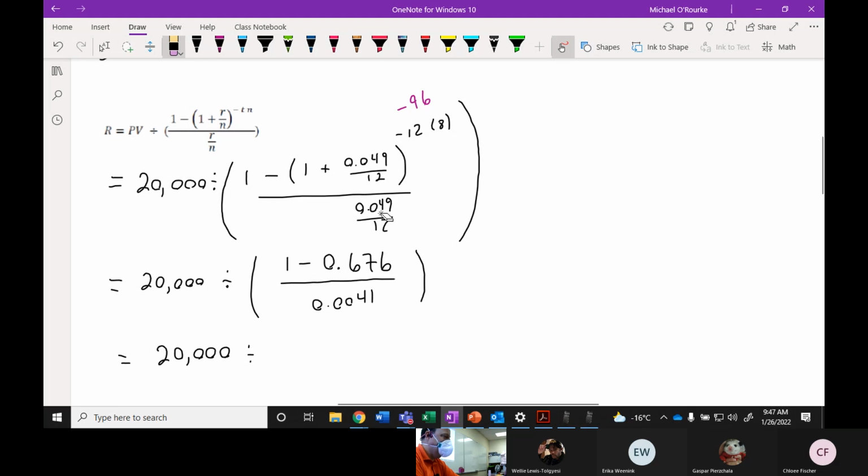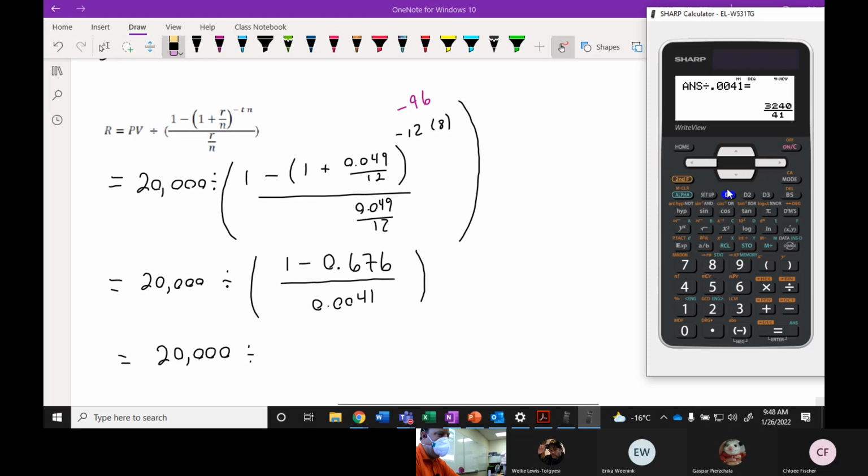This one and this one, because that one is in that number. I went 0.049 divided by 12 plus 1 to the power of negative 96 to get this number here. Why did it change to 0.0041?